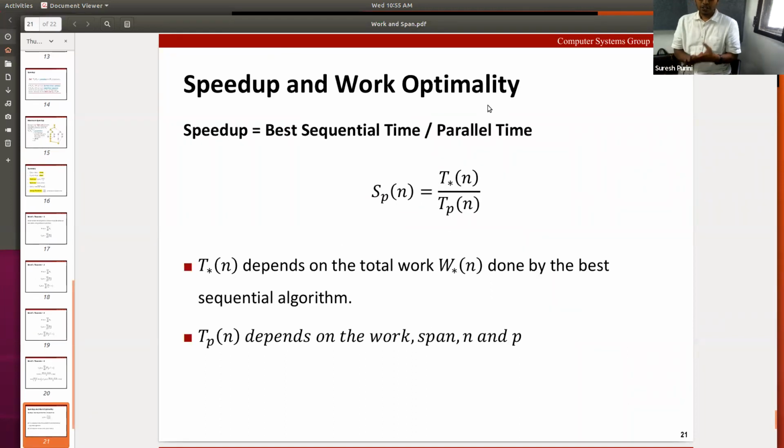Okay. Now to conclude this thought process, we will look at some interesting things, the notion of what is called work optimality. Usually, if you take the same serial program and try to parallelize it, it may not be a good approach to solve that problem.